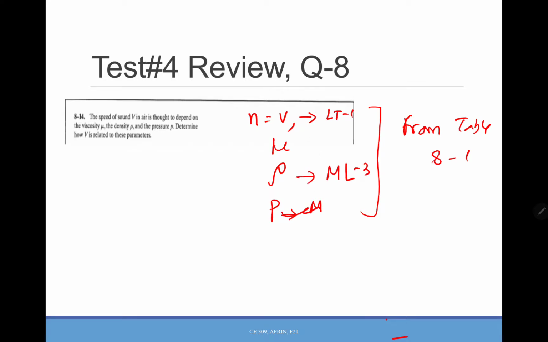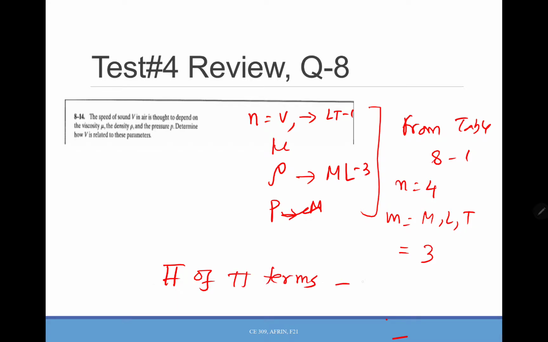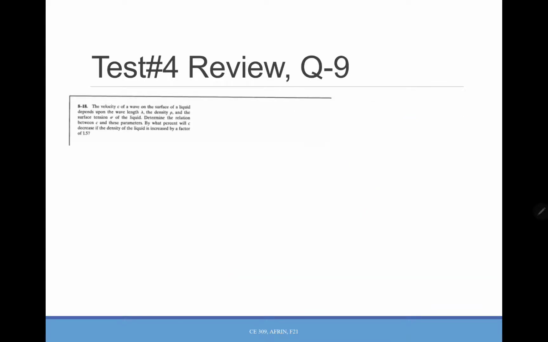You can get all of these and you will see that n equals 4 and m, for M L T, is 3. So the number of pi terms will be n minus m, which is 1. After that you can do the rest; you can look at the class examples for more details. The same thing goes for class example 9 also. So thank you, class, please let me know if you have any questions.